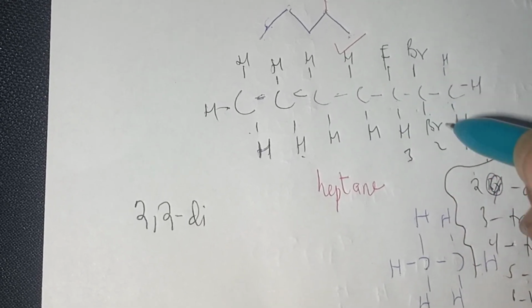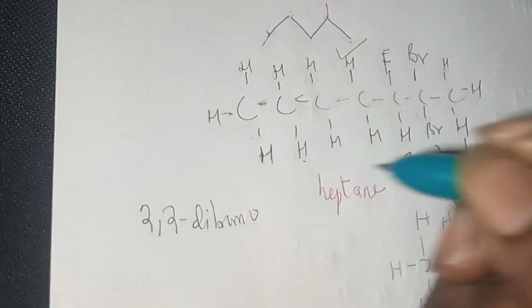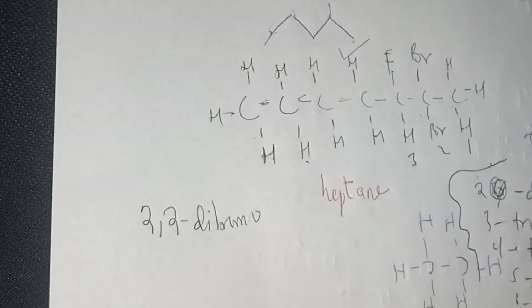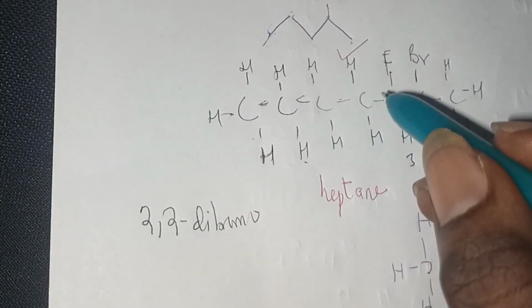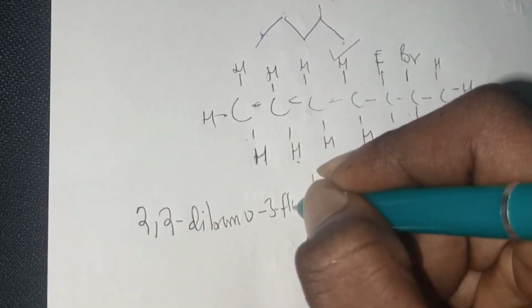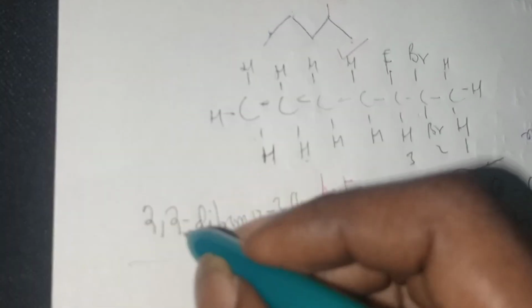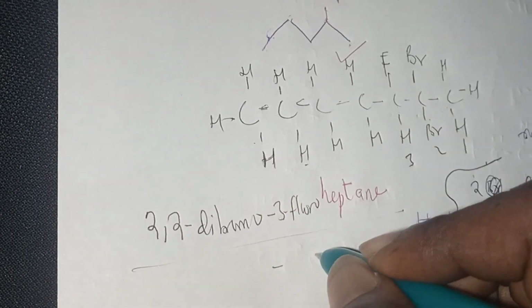So that's 2,2-di. Then bromo, dibromo. Now we can name the other ones. Fluorine is on the third one, so 3-fluoro. Then our heptane.